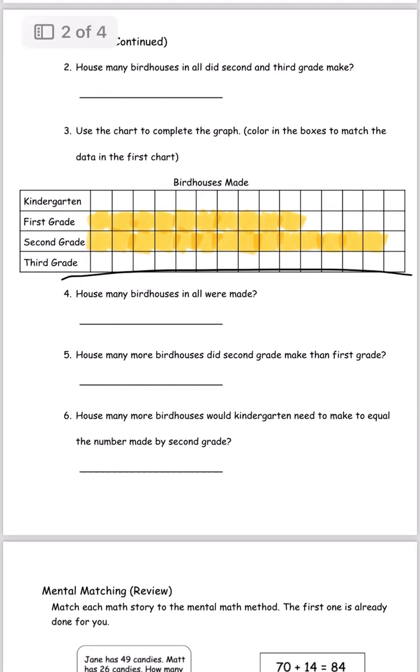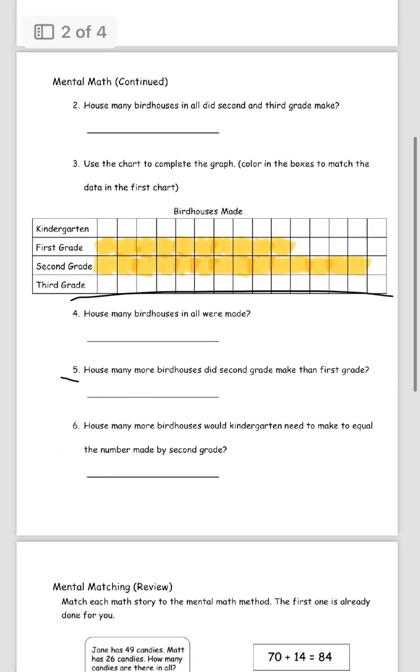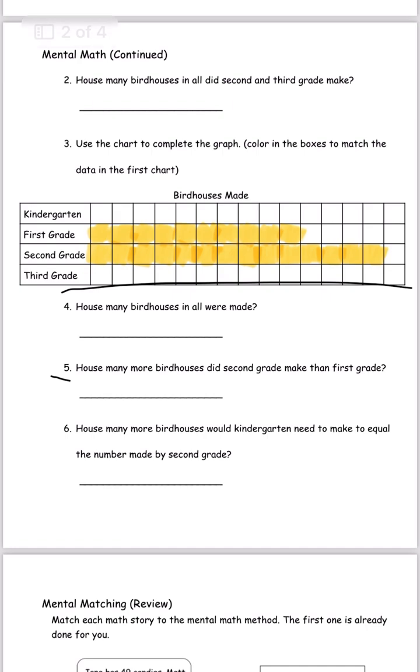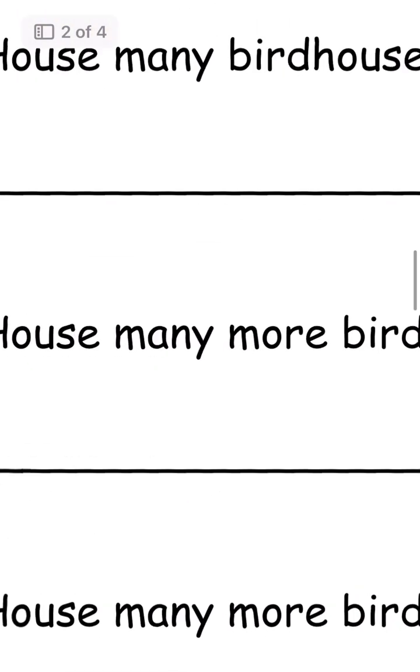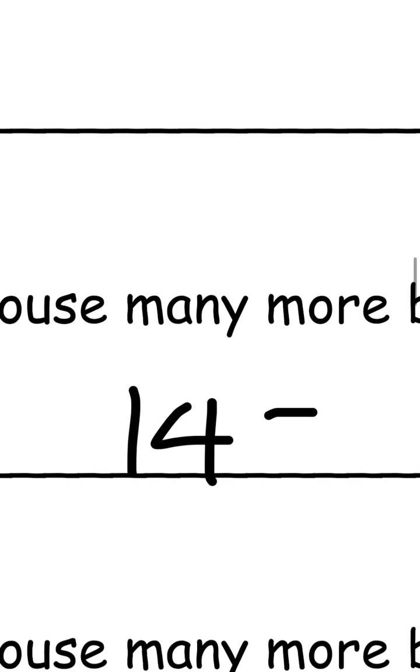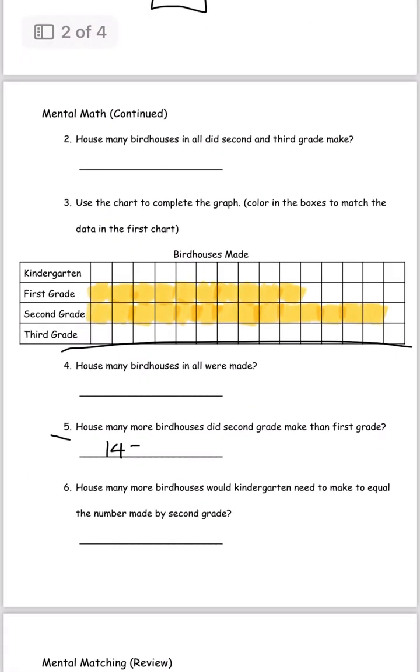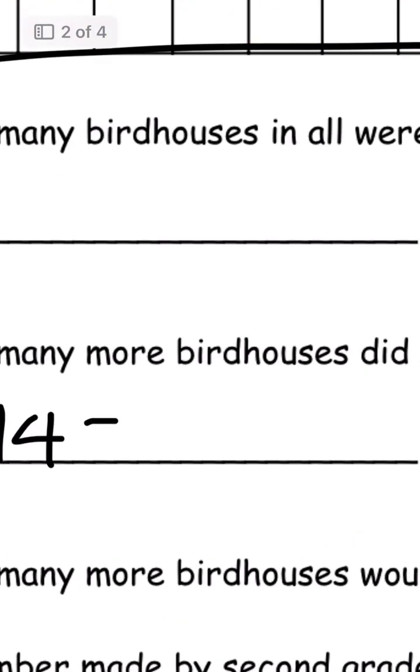So let's look at number 5 now. It says, how many more birdhouses did second grade make than first grade? So second grade made 14, right? That's why we colored in 14 boxes. And first grade made 10, right?